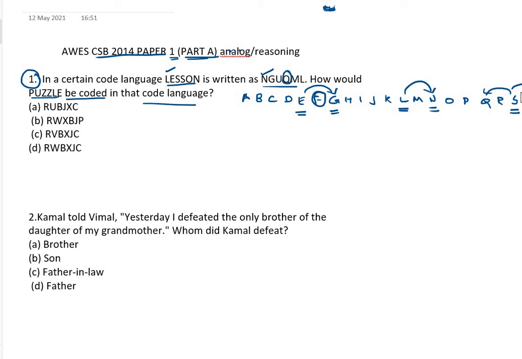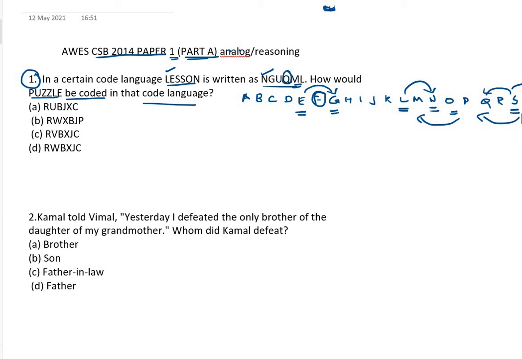So the first three letters are in forward order and the next three in backward order, I think. We will check M to O. M is here, O to M, O is here. So reverse position. S to Q. The last three letters are in reverse.